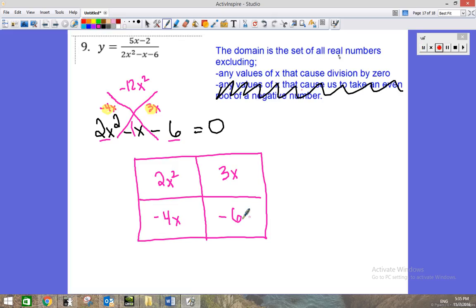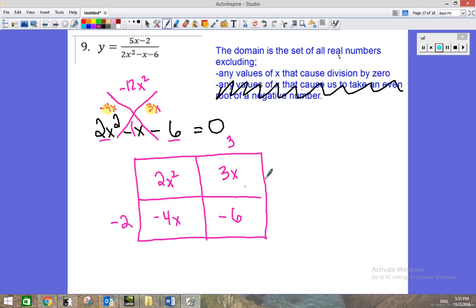Now we look and see what the greatest common factor is horizontally and vertically for these columns and rows. I see that both of these values are even and they're both negative numbers, so a negative 2 divides both of those values. Up here, I see that a 3 divides both of these values.